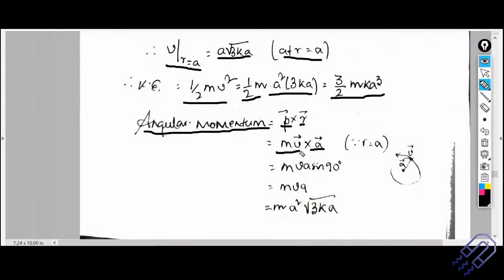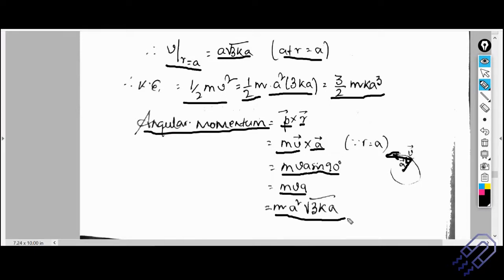If it is moving in a circular orbit, the velocity is always directed tangentially, so the angle is always 90 degrees. So you can write it as mva sin 90, the magnitude. Sin 90 is 1, so it is simply mva. We have found m and v, and multiplying by a, it is ma root over 3ka. That's the angular momentum.